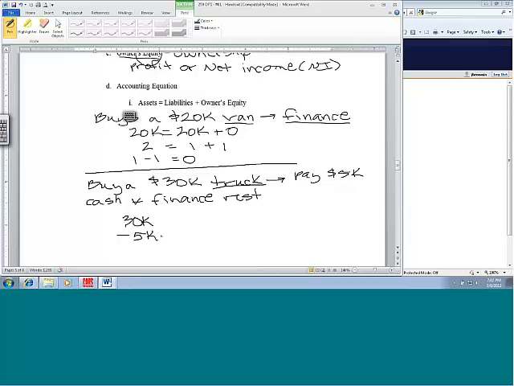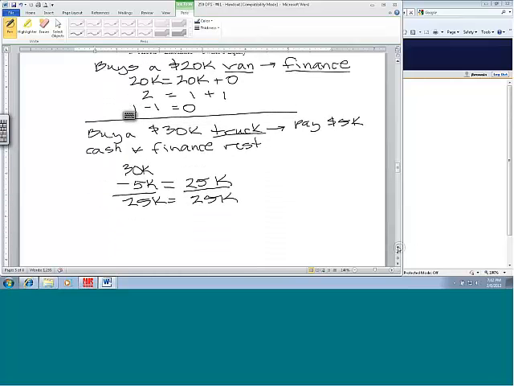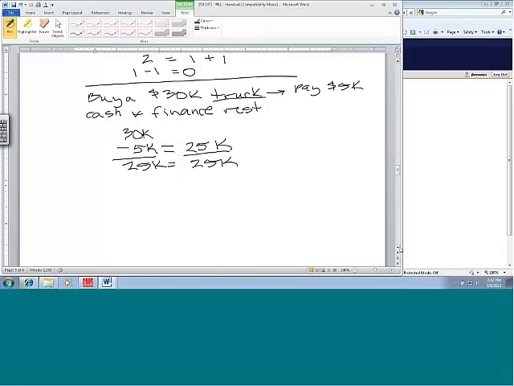And then how much do we owe on the truck? Well, we owe $25,000. So if we look at it, we have $25,000 equals $25,000. And our accounting equation balances. And that is a significant thing associated with accounting, is always having this accounting equation balanced. X equals X. So one side equals the other side.